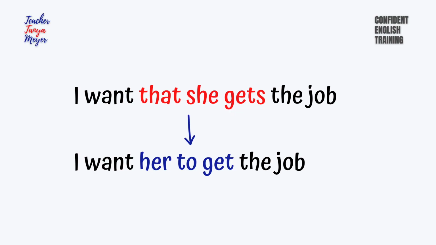So from I want that she gets the job, which is not correct, but it will be understood by native speakers, so don't worry about it if you don't want to correct that. But if you do, then the correct way of expressing that idea is using this formula that I've just shown you.